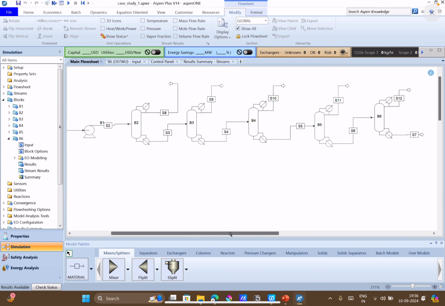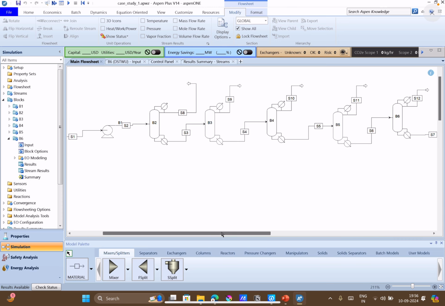You can see, first we will create this flow sheet where the feed comes into a pump, where the pressure increases, and then it is passed to the series of distillation columns.